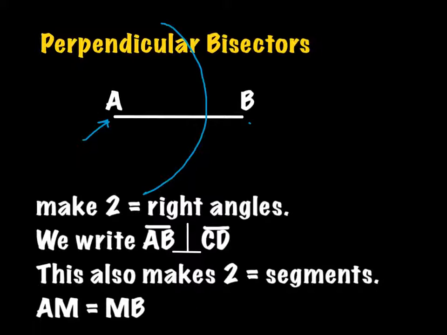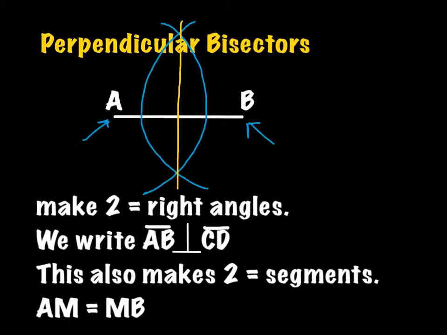Then switch to the second point, point B, and swing another arc from point B with the same measurement on your compass.